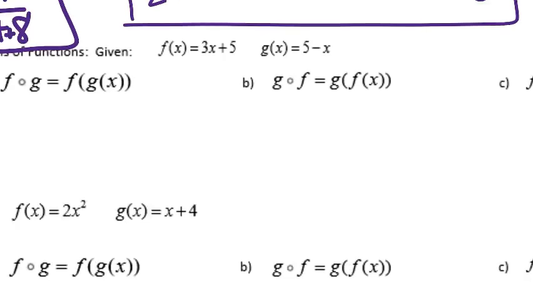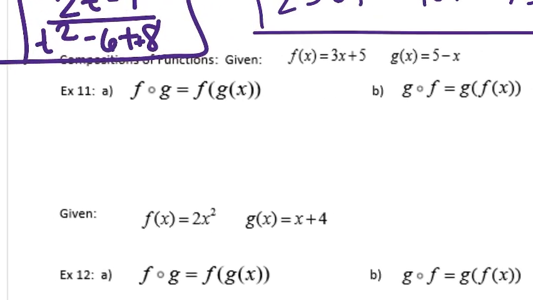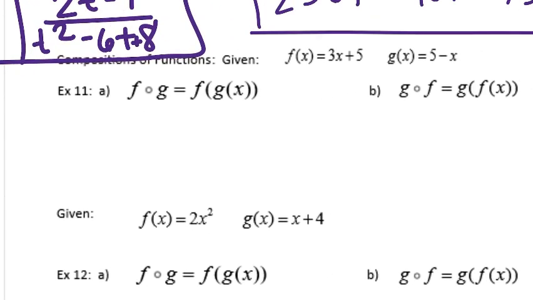So let's go to the composition. So this is like f of g of x. So we have new functions, so pay attention to that. So the f of g looks like fog, where you're going to plug in g of x for every x value.